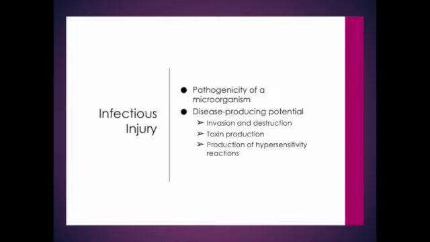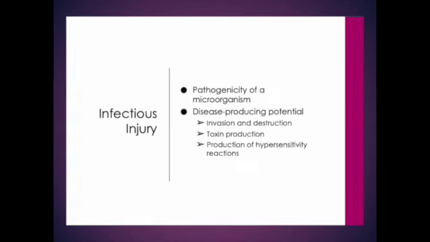Pathogenic microorganisms often invade the host tissue and cells, leading to destruction. And this invasion can result in various structural and functional abnormalities within the affected tissue. Many pathogenic microorganisms produce toxins, which are harmful substances that can damage hosts and tissues.